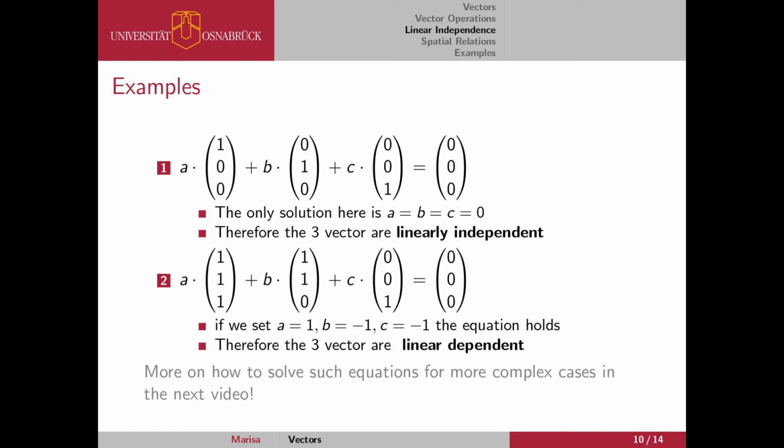But more on how to solve such equations for more complex cases will be covered in the next video, where we will talk a lot more about systems of linear equations, which are quite helpful when you have such a problem as finding out whether vectors are linearly independent or dependent.